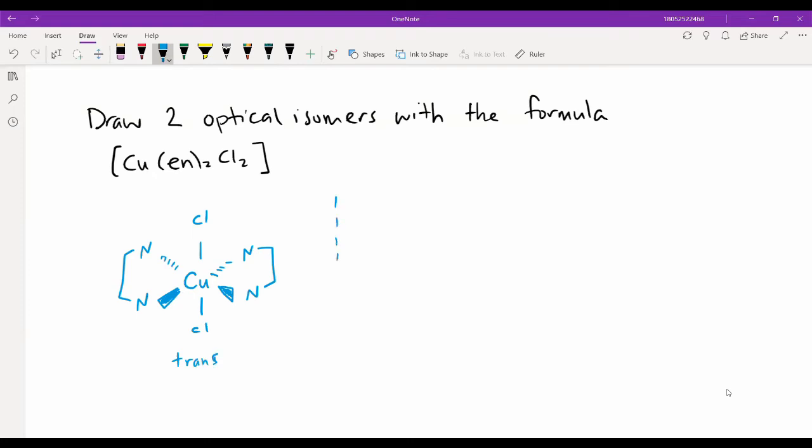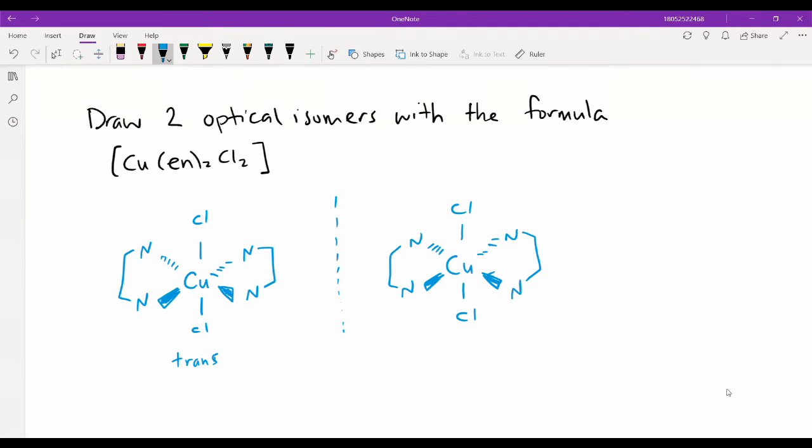So I'm going to draw my mirror image here, and if I reflect that compound, I get chlorines here and here, ethylenediamine here and here. Now I look at these 2 mirror images. Are they different or are they the same?